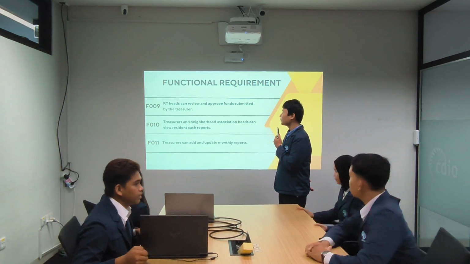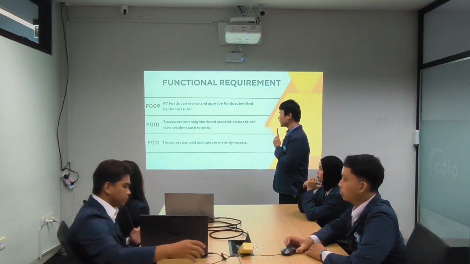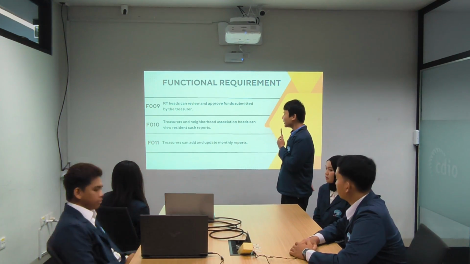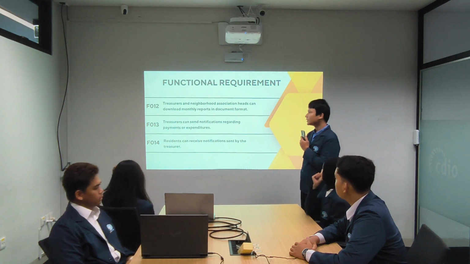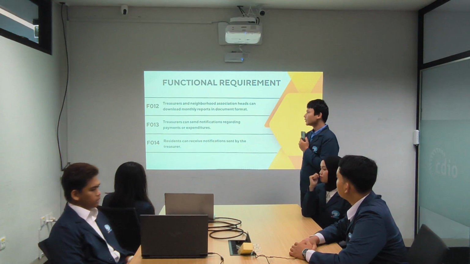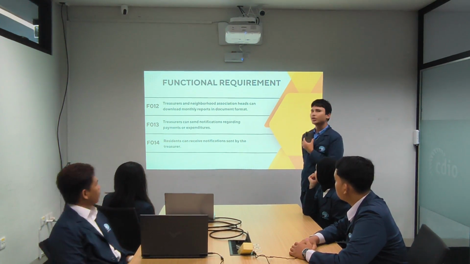F009, neighborhood association can view and report funds by the treasurer. F010, treasurer and neighborhood association can view resident cash report. F011, treasurer can add and update monthly report. F012, treasurer and neighborhood association can download monthly report in document format. F013, treasurer can send notification regarding payment or expenditure.